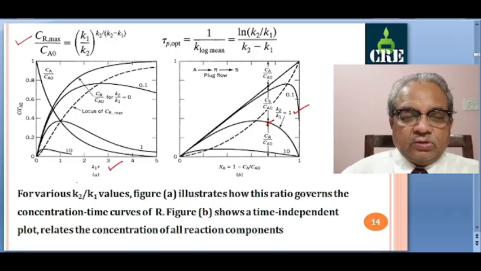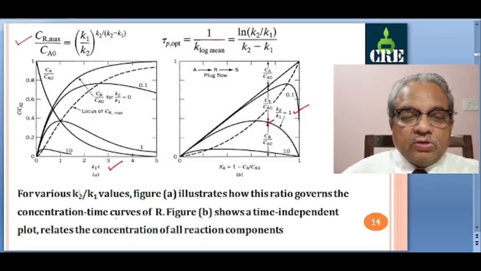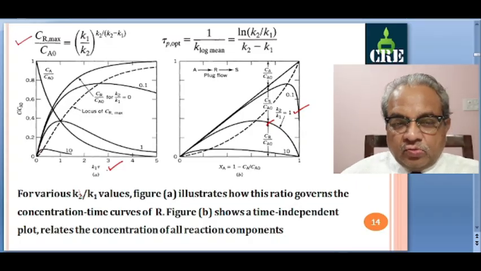So these figures are for various values of K2 by K1. Figure A illustrates how the ratio governs the concentration time curves, how these ratios affect the concentration time curve. Here we are not plotting exactly time, but time is included in this dimensionless variable K1 tau.